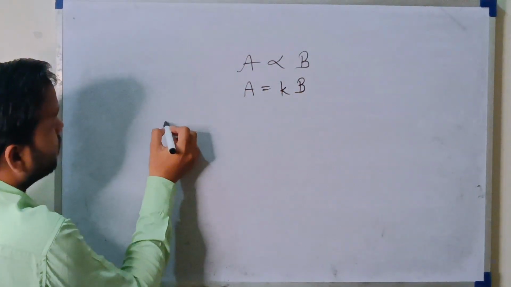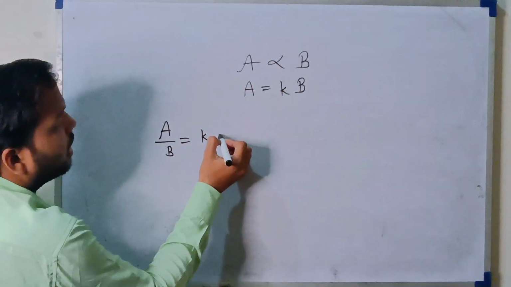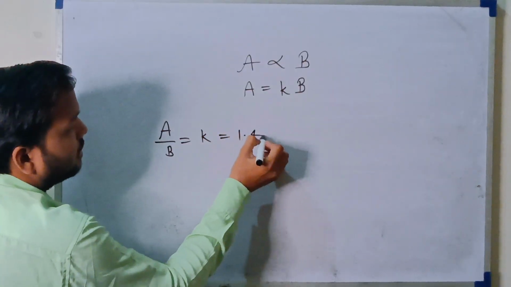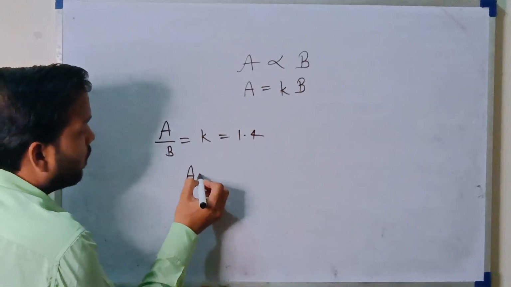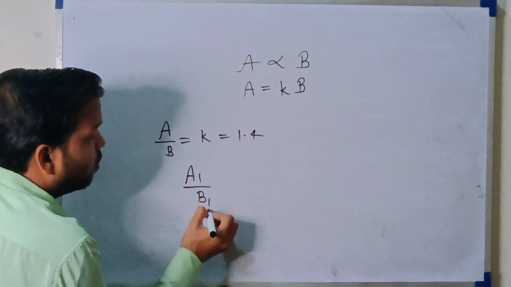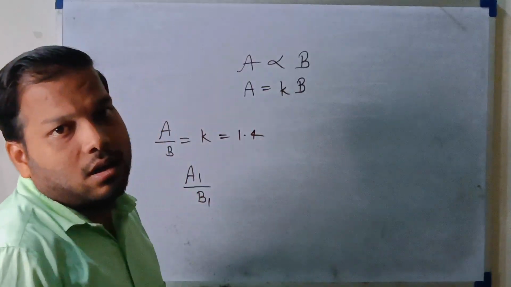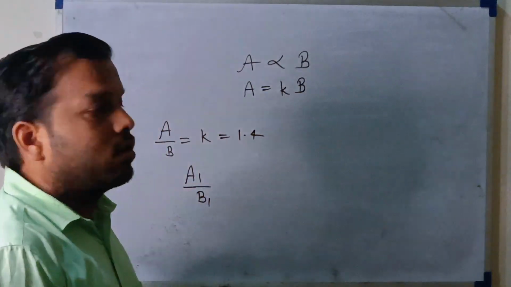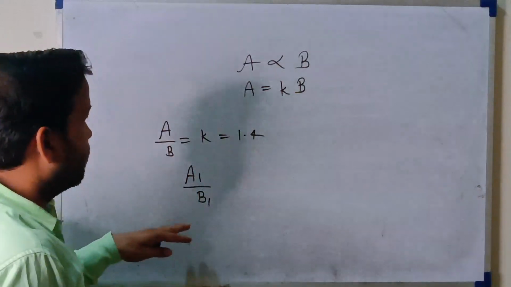It means A upon B will be equal to a constant like 1.4. Just suppose 1.4. It means if you choose the value of A as A1, then the corresponding value is B1.